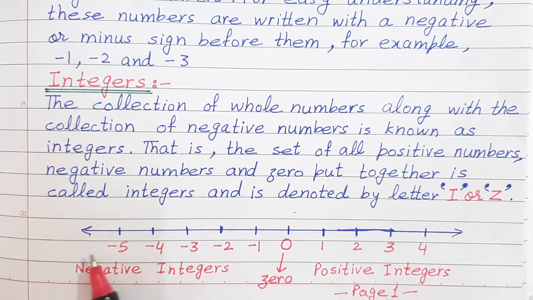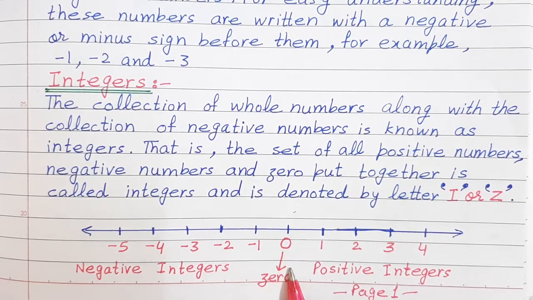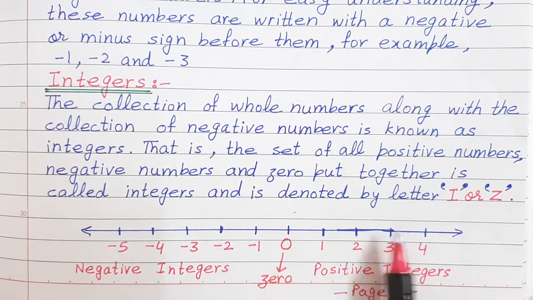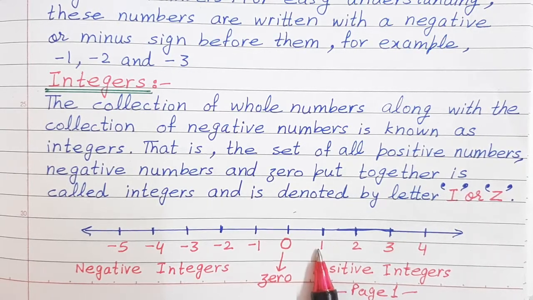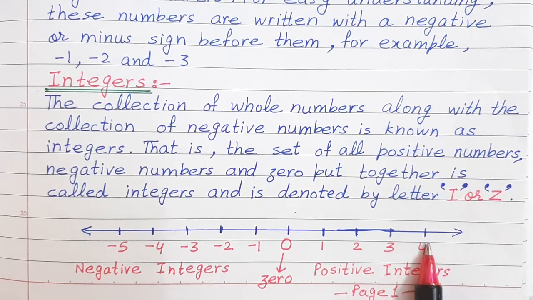Now children, you can see in the number line 0 is at the middlemost position, and after 0, that is towards right, the numbers are 1, 2, 3, 4 and so on. These are called positive integers, right?